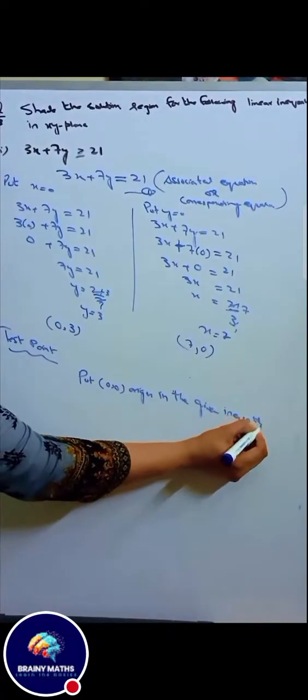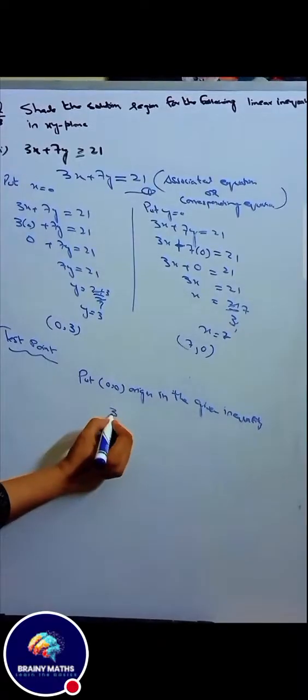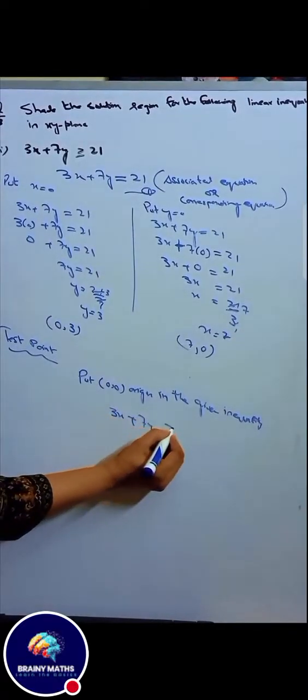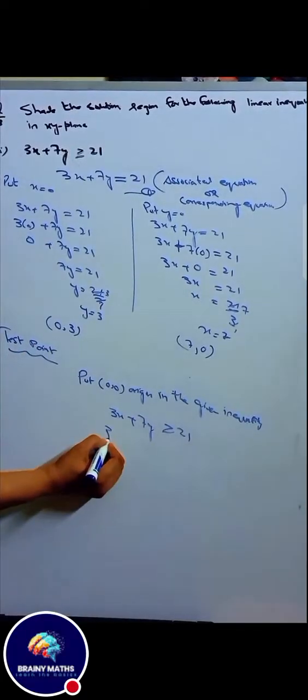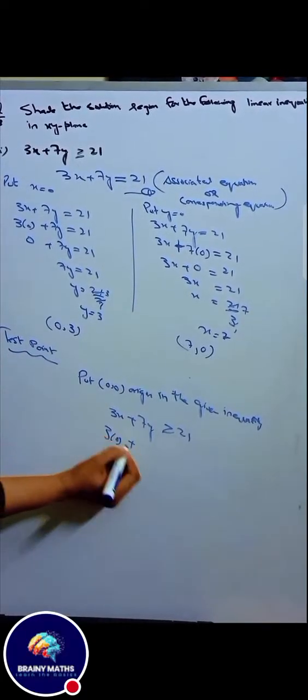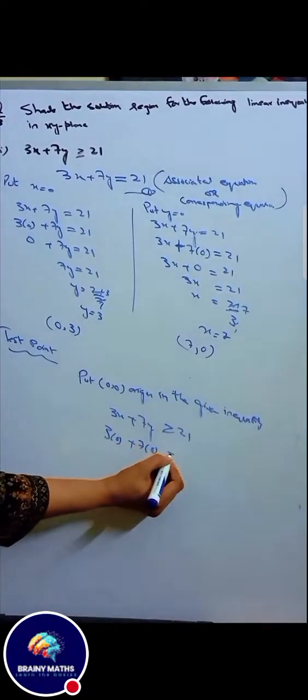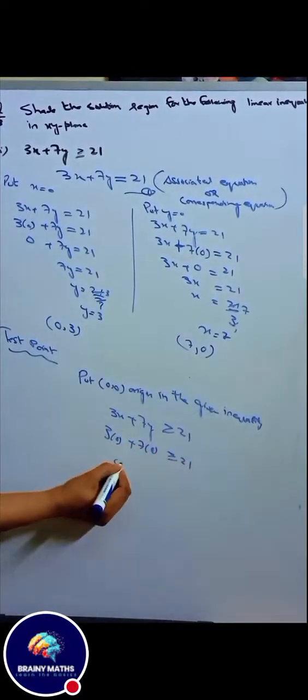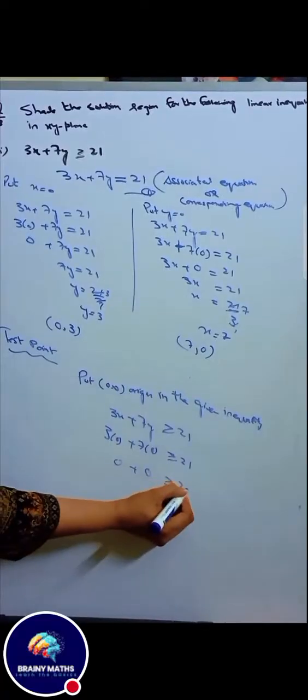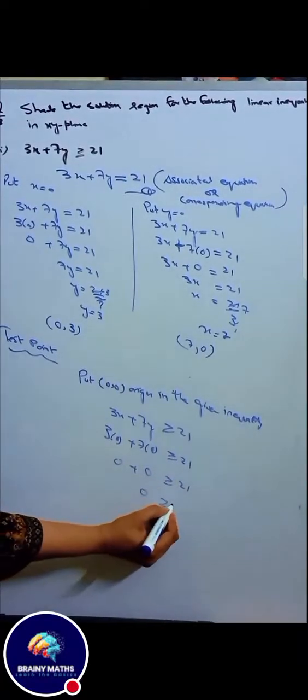The inequality they have given us is 3x plus 7y greater than or equal to 21. Now put x as 0: 3 times 0 plus 7 times 0 is greater than or equal to 21. 0 plus 0, so 0 is greater than or equal to 21.